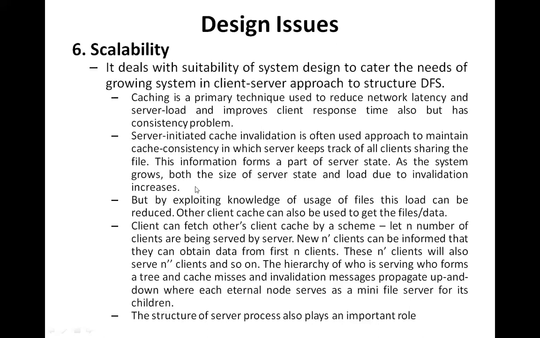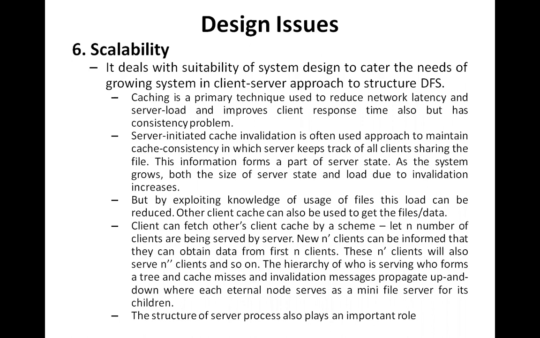Another point related to scalability is the structure of the process, because it also plays an important role in deciding how many clients a server can support. If the server is designed for a single process, then many clients have to wait for a longer time if it is busy initiating its disk operations.